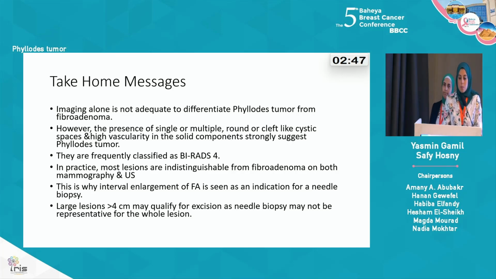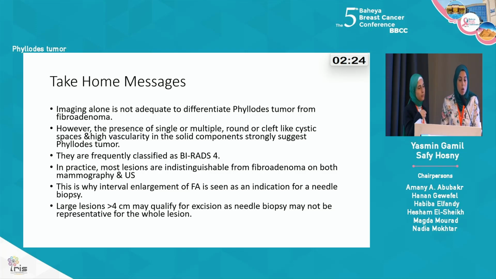The main take-home messages are that imaging alone is not adequate to differentiate between fibroadenoma and phyllodes tumor. However, the presence of single or multiple round cleft-like cystic spaces, as were shown in our presentation, and high vascularity in the solid components strongly suggest the diagnosis of phyllodes tumor. They are frequently classified as BI-RADS 4.